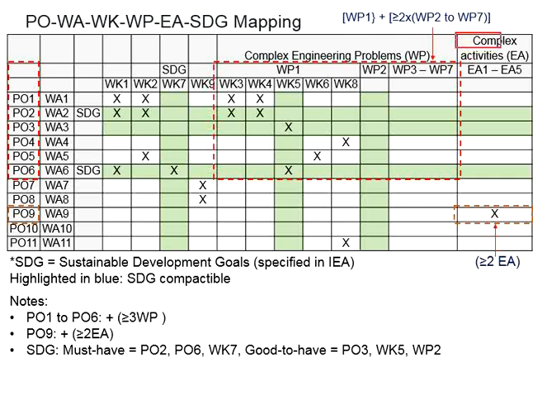And there is also no complex engineering activities, so this CO is relatively simple. We only need to address WA10. No SDG, no complex engineering problem, and no complex engineering activities.